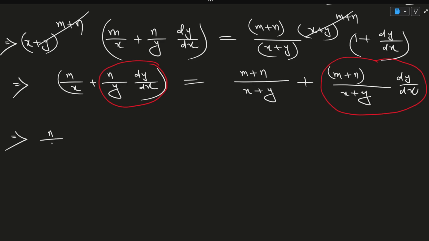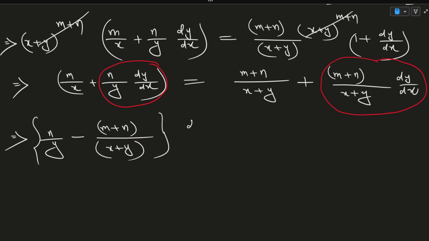So it will be n by y minus m plus n by x plus y, into dy by dx, and here it will be m plus n by x plus y minus m by x.